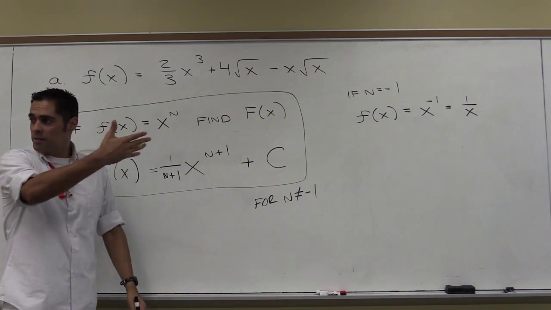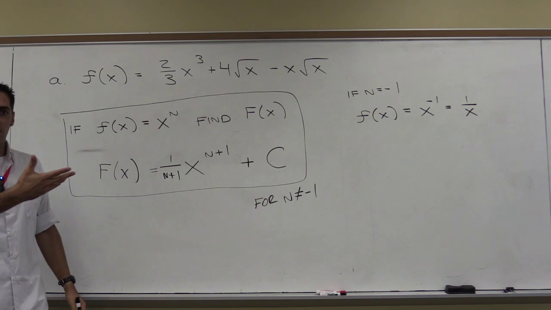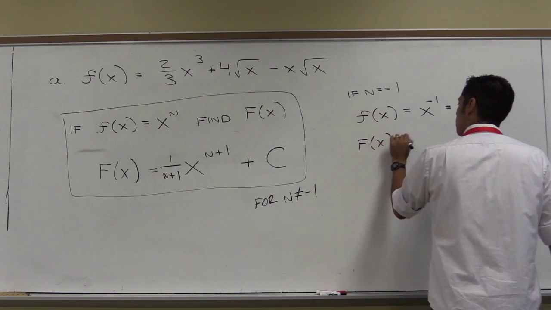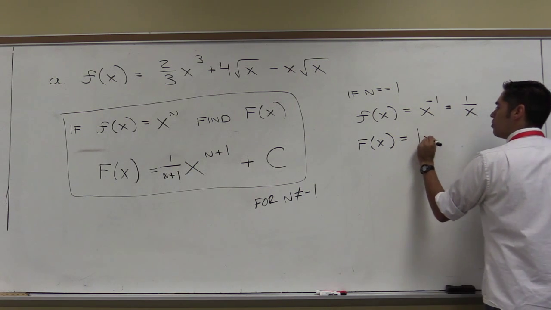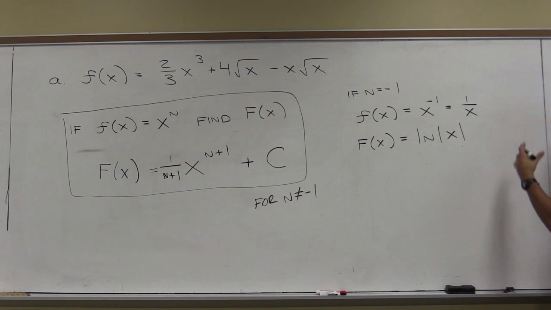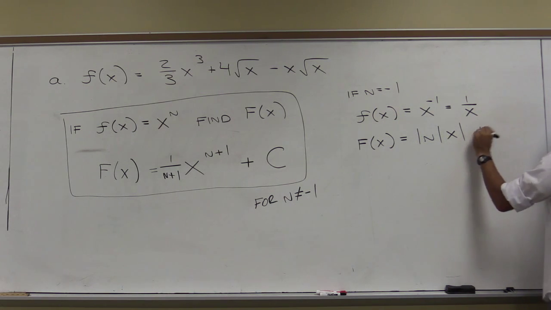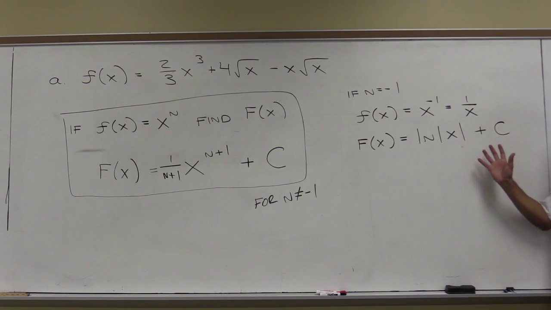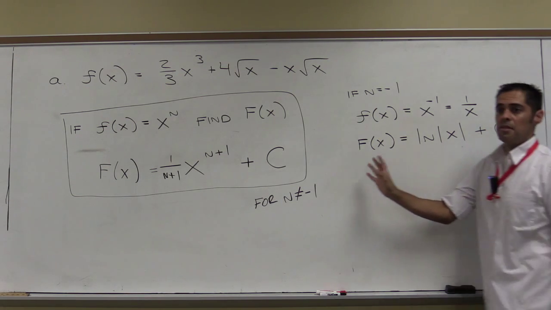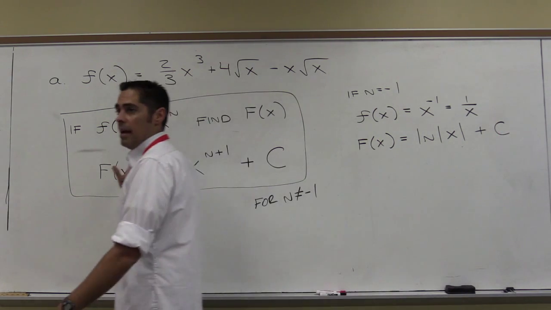The derivative of what gives you that? Natural log. So capital F of x would be equal to natural log, and we put absolute value of x so that we don't have any problems with negative numbers, plus c. So this resolves all of the possibilities when it comes to powers that we could have on x.